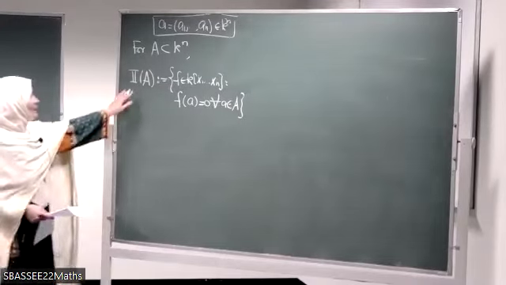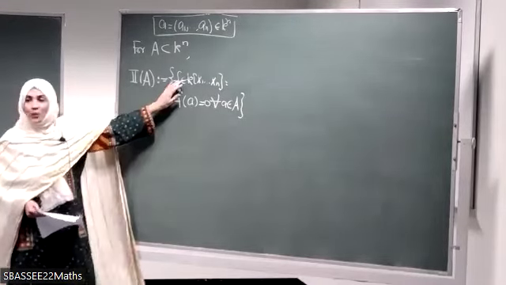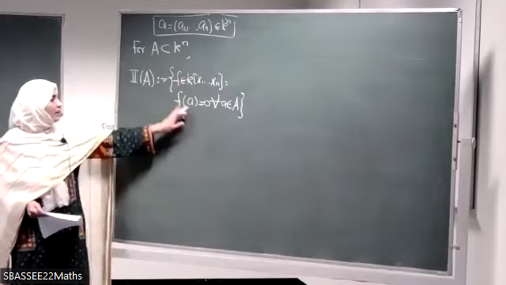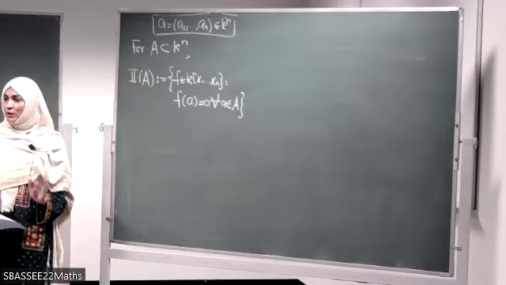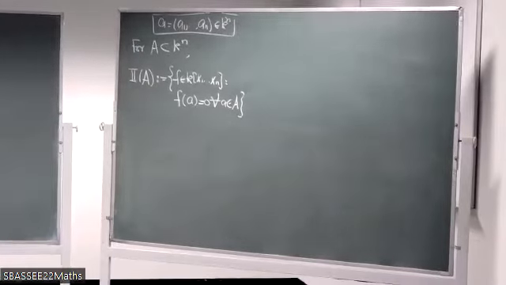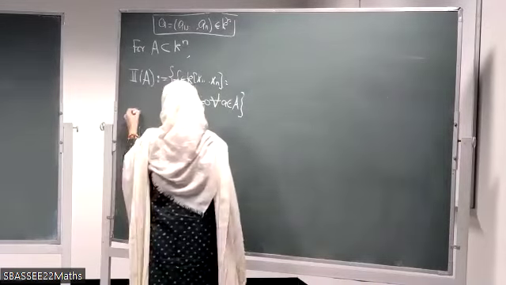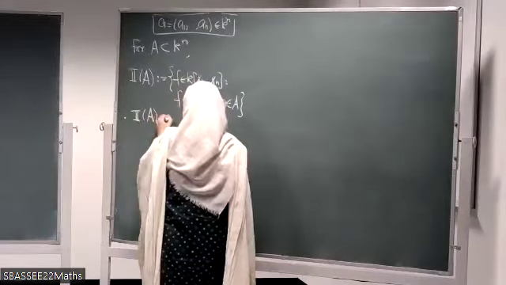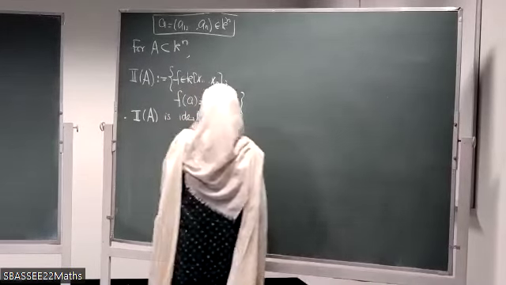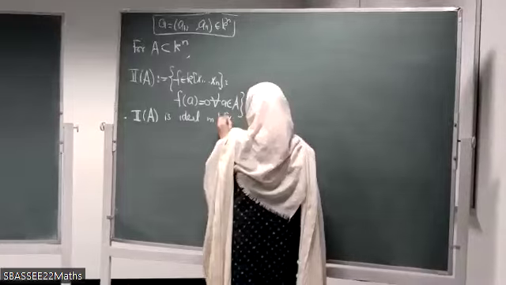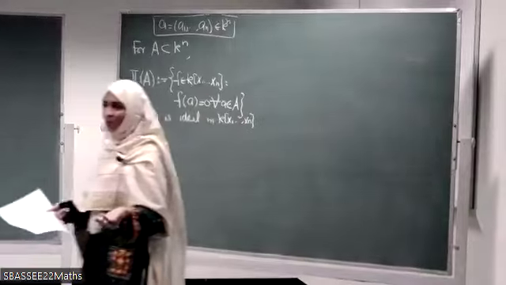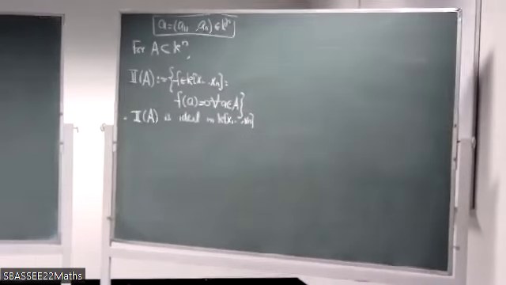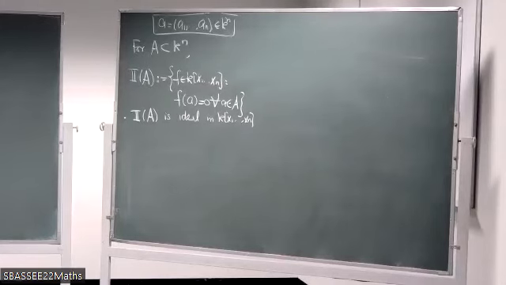My ideal consists of all those polynomials that vanish on this set. This is really an ideal; you can check it as an exercise. If you pick two elements from here and add them, the sum at each point is 0, and similarly for the product.